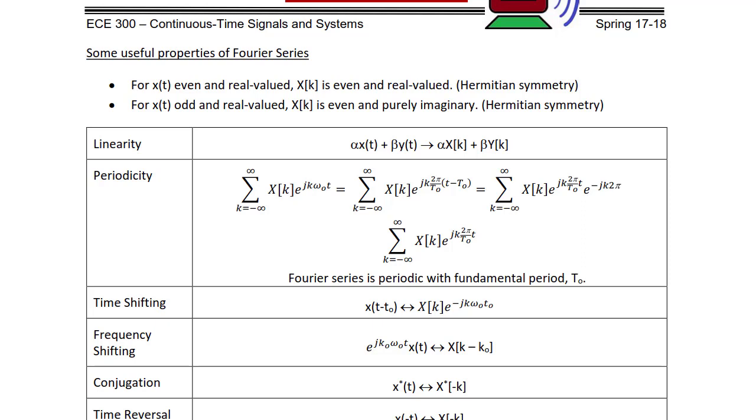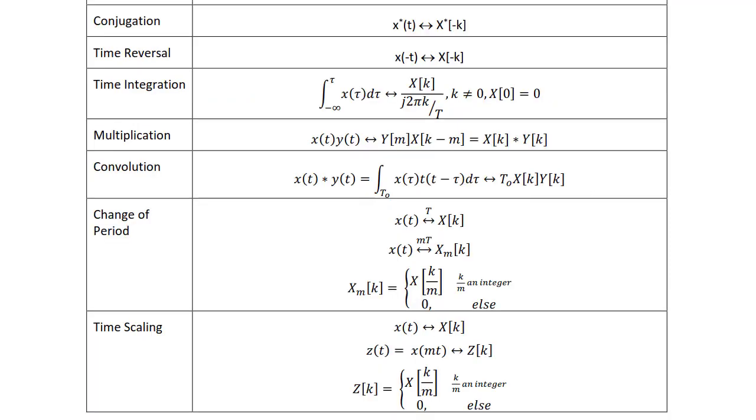Some of the other properties are linearity, periodicity, time shifting, frequency shifting, conjugation, time reversal, time integration, multiplication, convolution, change of period, and time scaling. And this concludes lecture 3-2 on Fourier series.